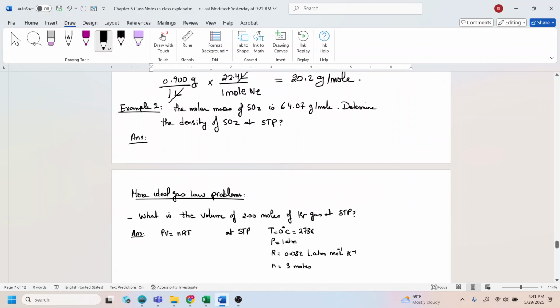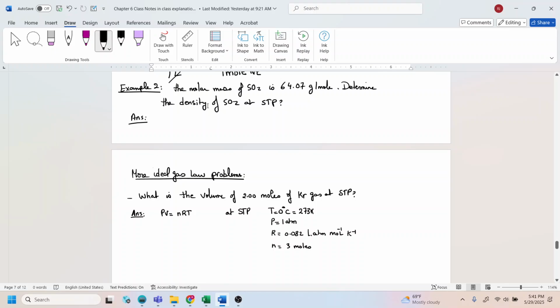Okay, let's have another example. The molar mass of sulfur dioxide, this is, by the way, the hardest it can get whenever you are asked to determine the density. You have the molar mass. So the molar mass of sulfur dioxide is 64.07 grams per mole. We're going to determine the density of the SO2 at standard temperature and pressure.